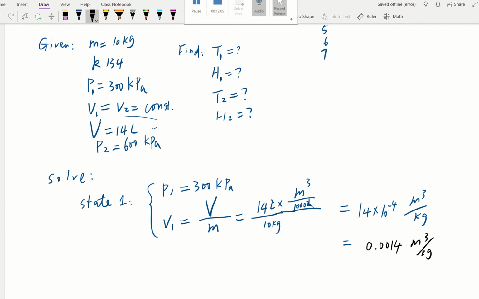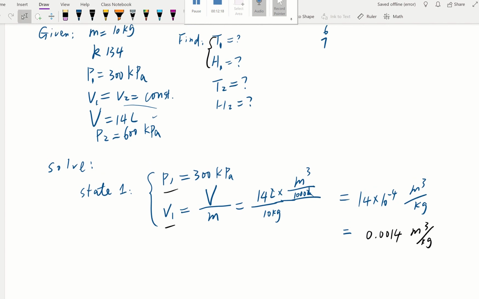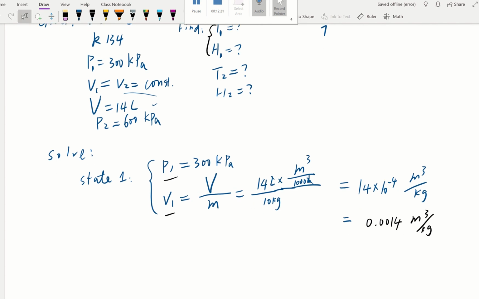All right, so we know the two properties now for state 1, pressure and specific volume. Then they want us to find at state 1 the temperature and enthalpy. It's just like how we look up the table for the previous ones, and now it's embedded in a word problem. So how do we do that?